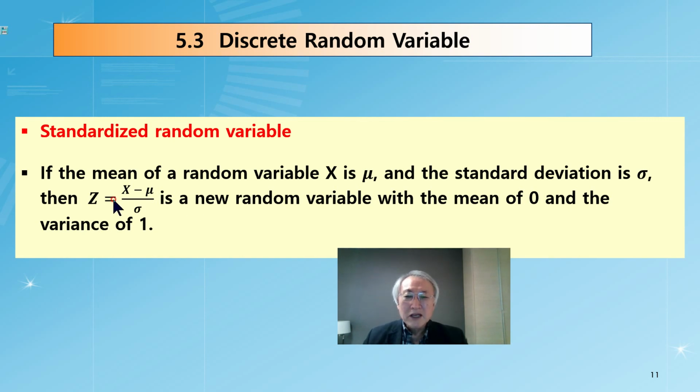But by this transformation, the variance will not change. It's just a shift to the left-hand side. But if you divide by sigma after moving to 0, the variance of z implies 1 over sigma squared will come out. Therefore, the variance becomes 1. We call this a standardized random variable. We'll use this a lot.